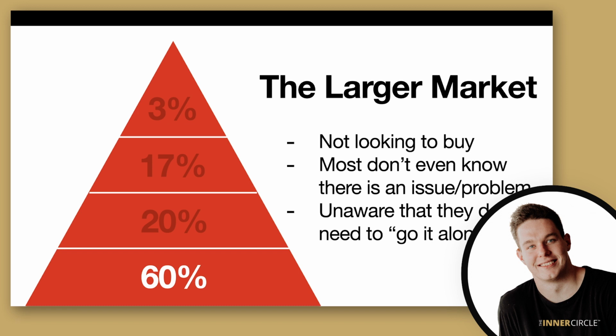So the 3% had everything they need. They were just trying to figure out who they wanted to buy from. The 17%, these people were problem and solution aware, but they weren't too sure what solution they were going to go with. The 20% were just problem aware, so they didn't have a solution on their mind. They didn't know what they actually needed to do to fix their problems. And now the 60%, these guys don't even know that they have a problem.